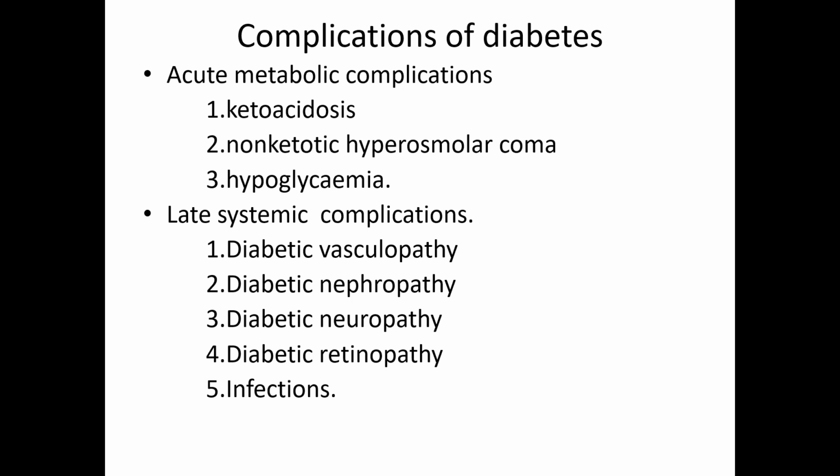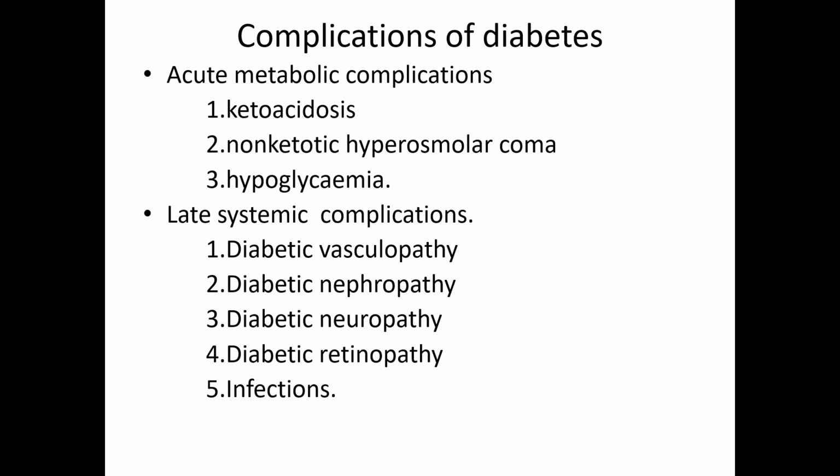Diabetes also affects the functions of the central nervous system and peripheral nervous system, both motor neurons and sensory neurons, so it is diabetic neuropathy. And diabetic retinopathy is an important complication occurring in the eye, retina.